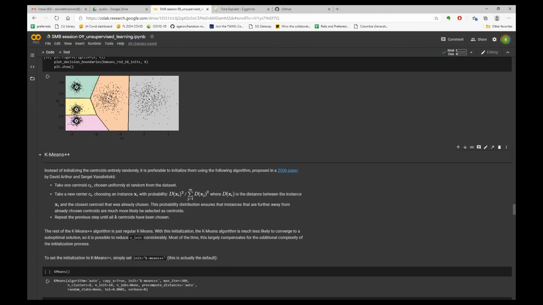take a new center and a new instance with this probability term here, which is the distance squared of that instance divided by the sum of all of the distances, I believe.